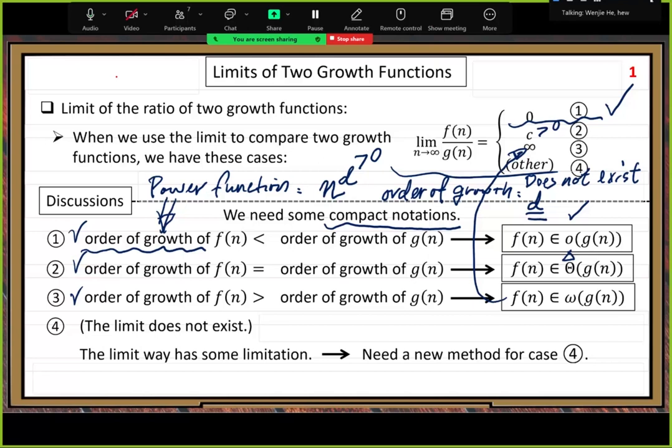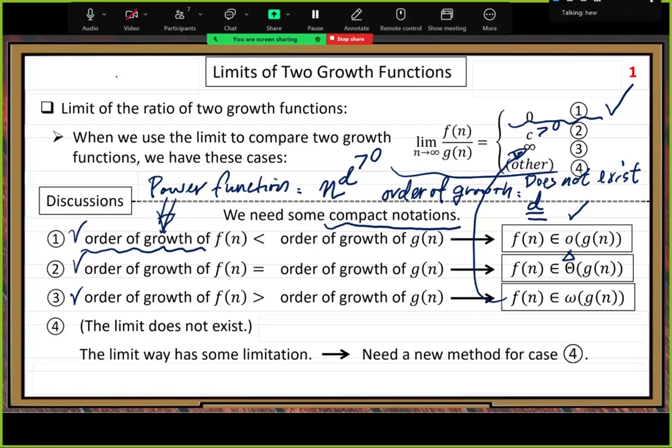But we know the power function is just a special function. There are many functions different from the power function, right? When a function is very complicated, many times you cannot use a power function to represent it.